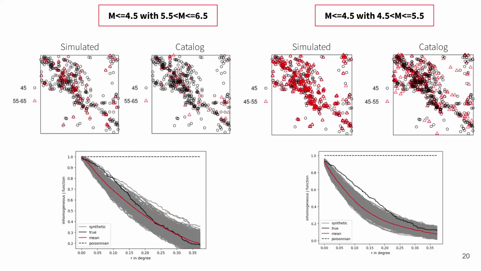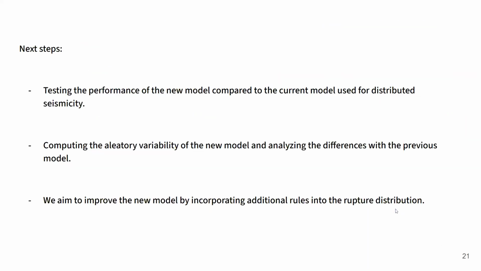So the black is still the one from the catalog, and the gray are still the synthetics. But as you can see, depending on the magnitude range that you are looking at, you may or may not. Sometimes you can find a good fitting, and sometimes you will not have a very good fitting.